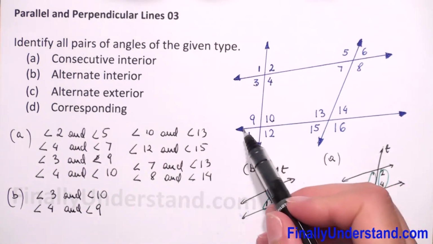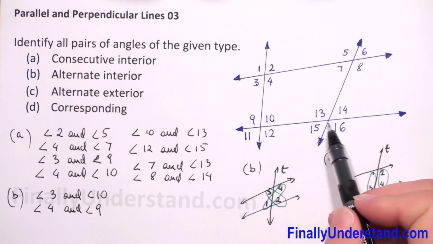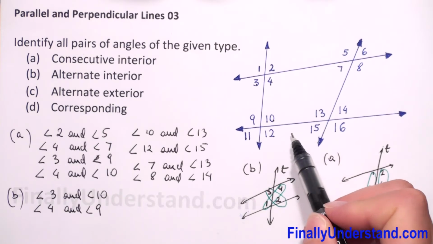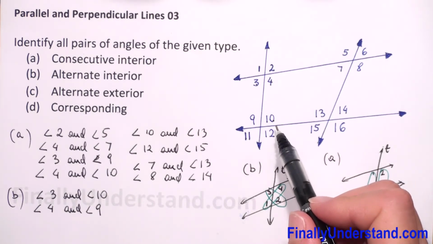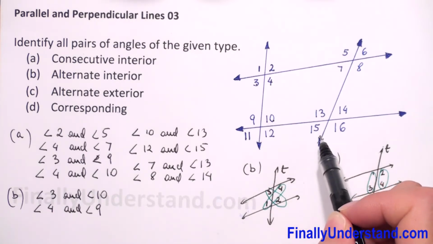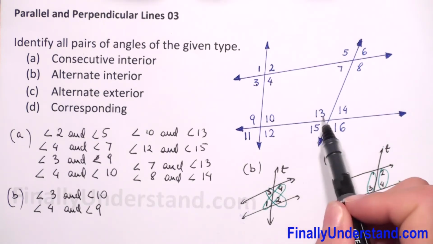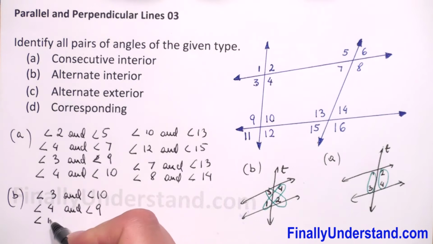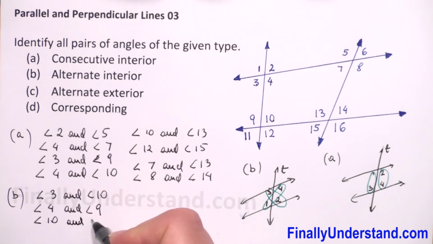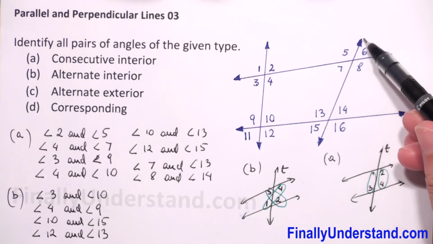Next, let's say that this is our transversal. So let's see between these two lines, and we have to choose alternate interior. So the angles must be on the opposite sides of the transversal. So it will be 10, 15, 12, 13. And 12 and 13.